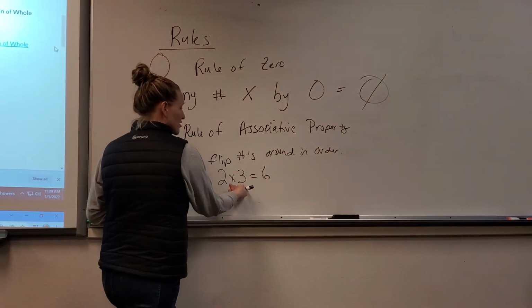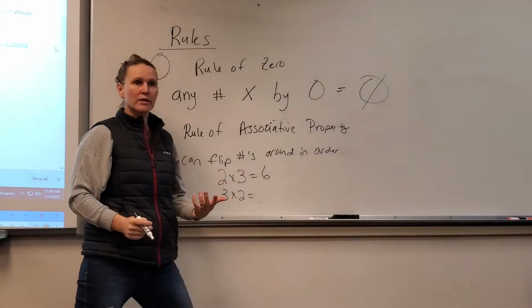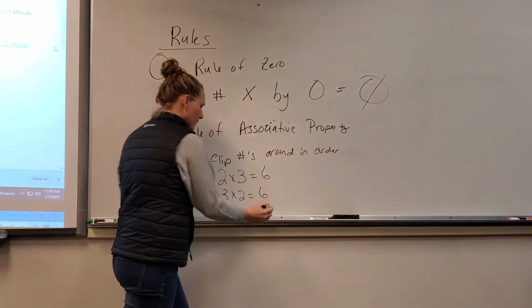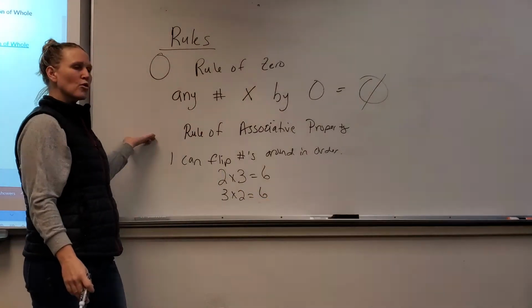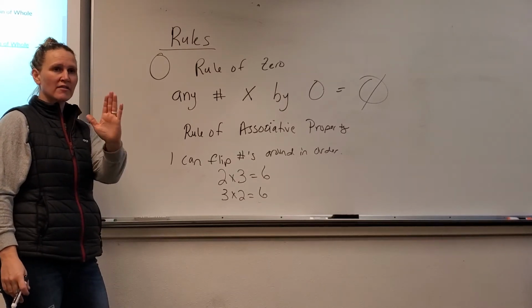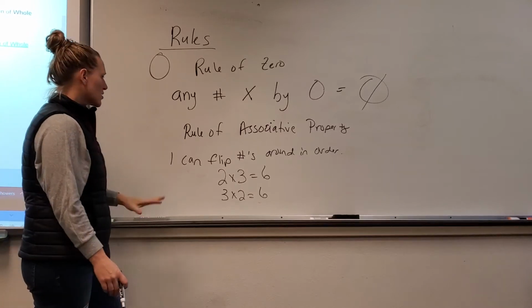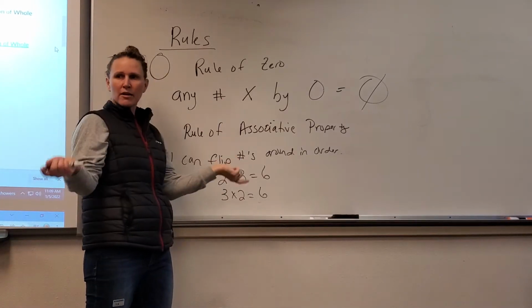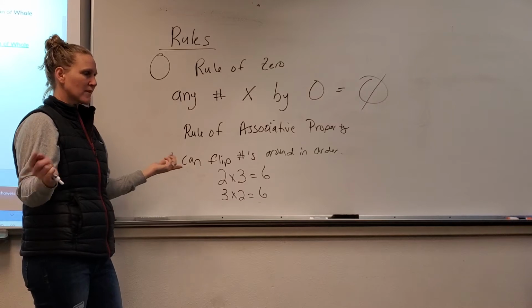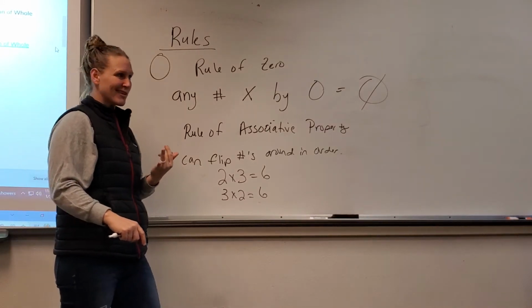If I flip these two and multiply 3 times 2, my answer is still going to be 6. This is the same rule that you can do in addition as well. I can take 2 plus 5 and get 7, or I can take 5 plus 2 and get 7. So it's good to know that I can flip numbers around in multiplication, it doesn't change the answer. I can't do that for subtraction, I can't do that for division. Okay, good.